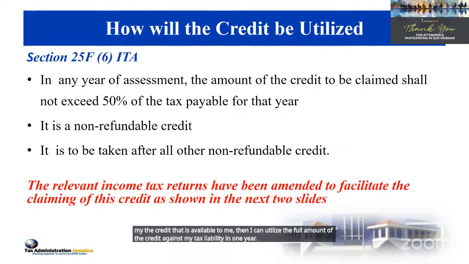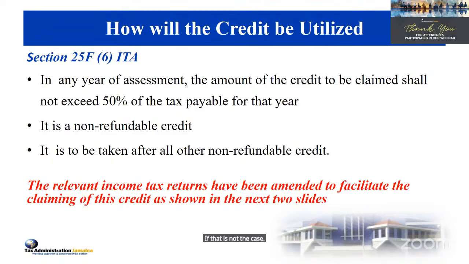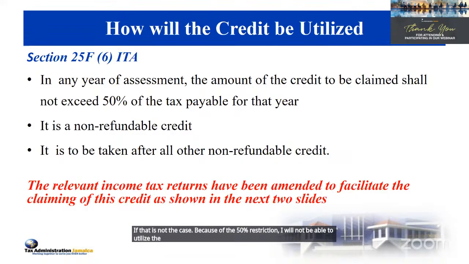If that is not the case, because of the 50% restriction, I will not be able to utilize the full amount of the credit in 1 year. And the unused portion in any year, I get to carry forward to a subsequent year, and the 50% restriction will apply in that year again.